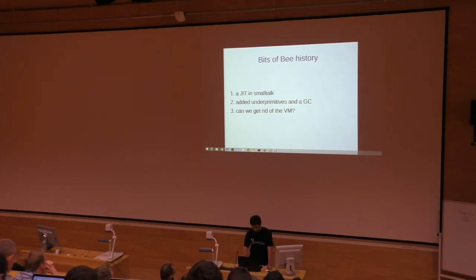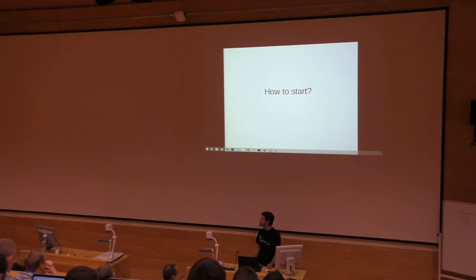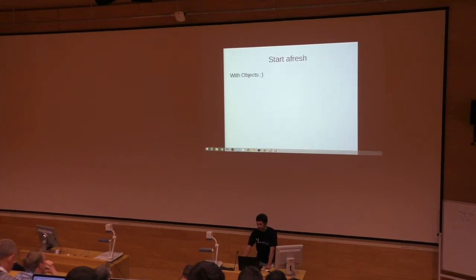So we said, okay, what's the first idea? How do we get out of the VM? How do we get some Smalltalk code running without the VM? We said, okay, first we have these little things, of course, with objects. We have these little things that are Smalltalk libraries in our Smalltalk.